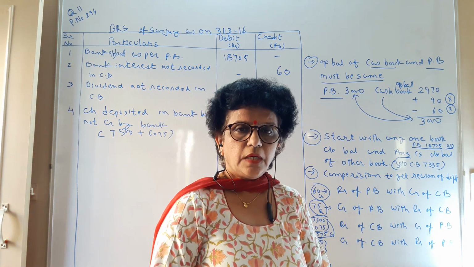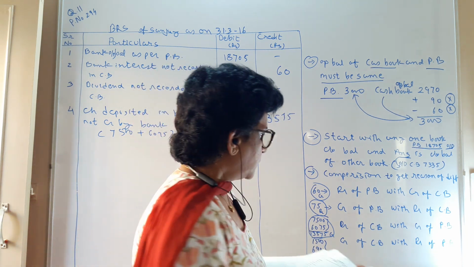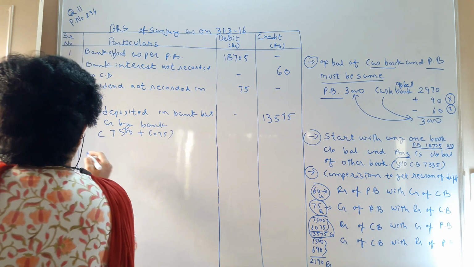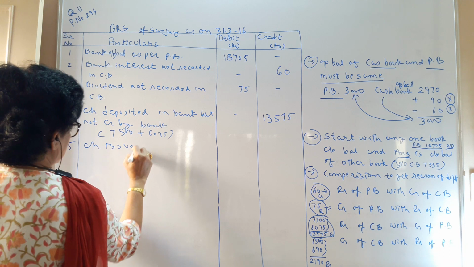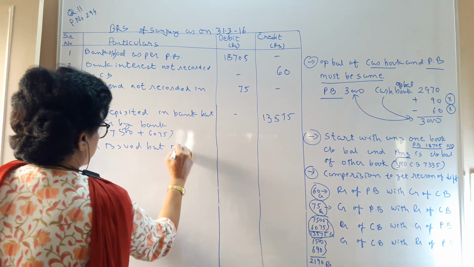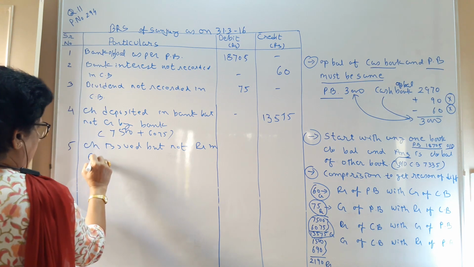Checks are issued but not presented or debited in the passbook. So our fourth reason is number 5, checks issued but not debited in passbook.